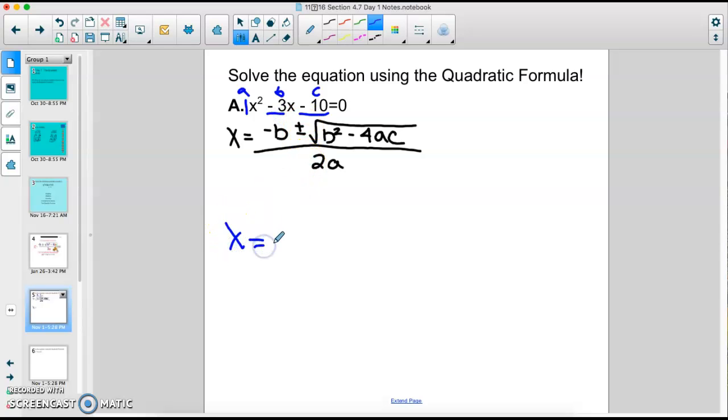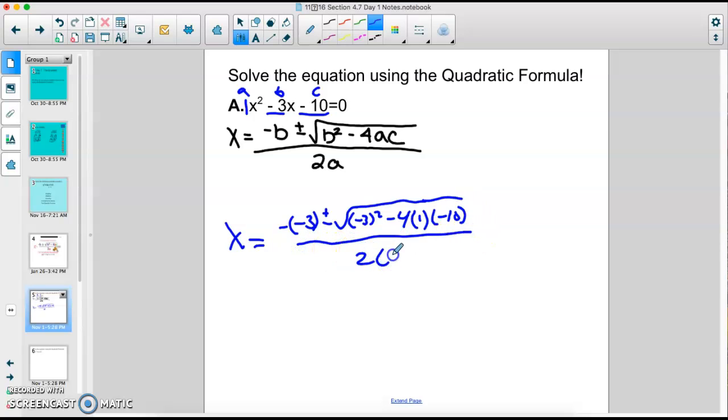So x equals negative b, so negative, and then our b is negative 3, plus or minus the square root of b squared, which is negative 3 squared. If you're using your calculator, make sure you put parentheses around that negative 3. Minus 4 times a, we know that a is 1, and c is negative 10, all over 2a, so 2 times 1.